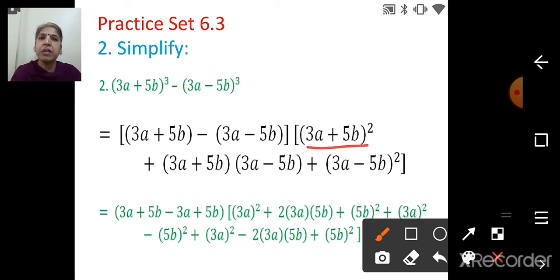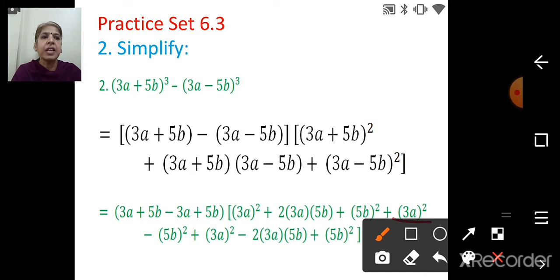So again we are going to use the formula here, a plus b the whole square. So in that it will come 3a the whole square plus 2 into 3a into 5b plus 5b square plus again second formula a plus b, a minus b. So here it is a square minus b square.